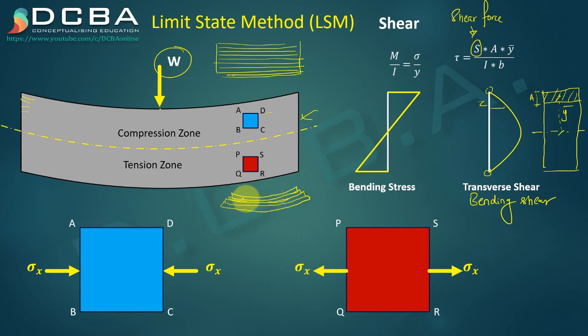This is the last layer, so there won't be any transverse shear at the top, neither would there be a transverse shear at the bottom, because there is no layer below this, so there won't be a shear stress at this junction, nor at this junction. Correct? So that graph is this transverse shear graph, and the maximum transverse shear will occur at the center.